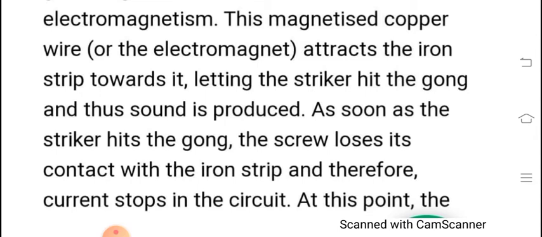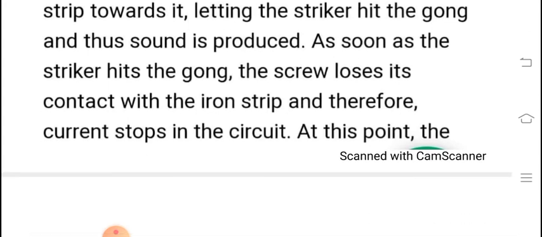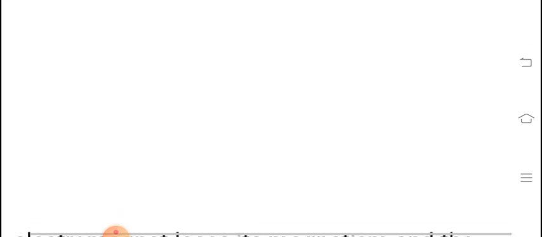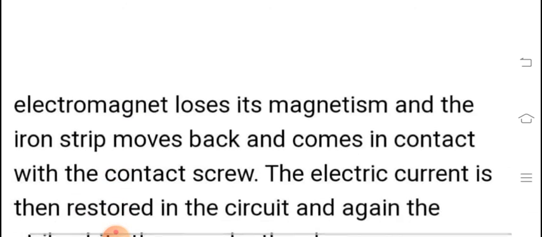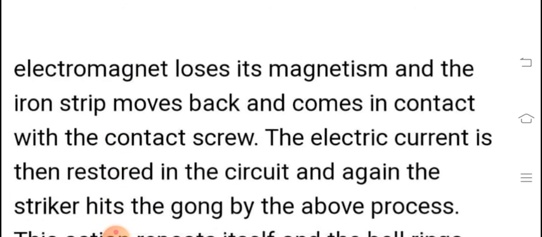As soon as the striker hits the gong, the screw loses its contact with the iron strip and therefore current stops in the circuit. At this point, the electromagnet loses its magnetism and the iron strip moves back and comes in contact with the contact screw.